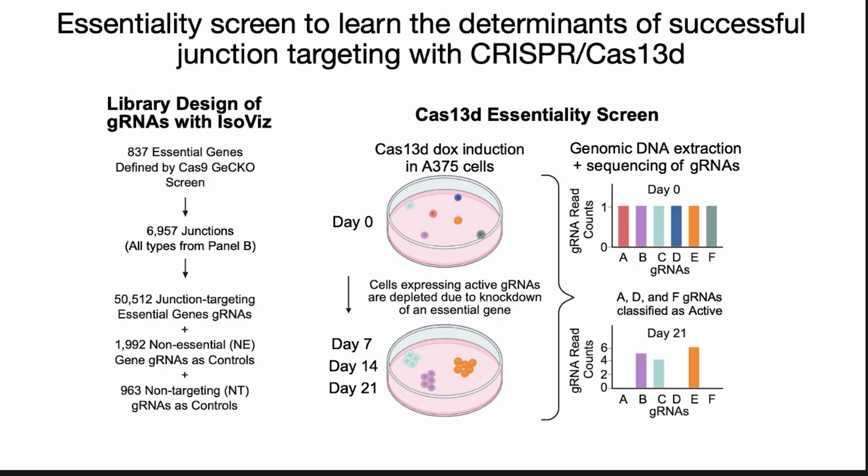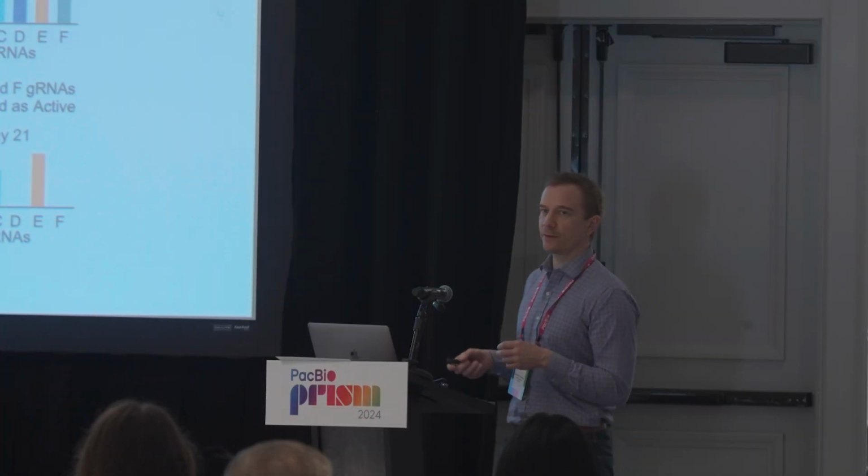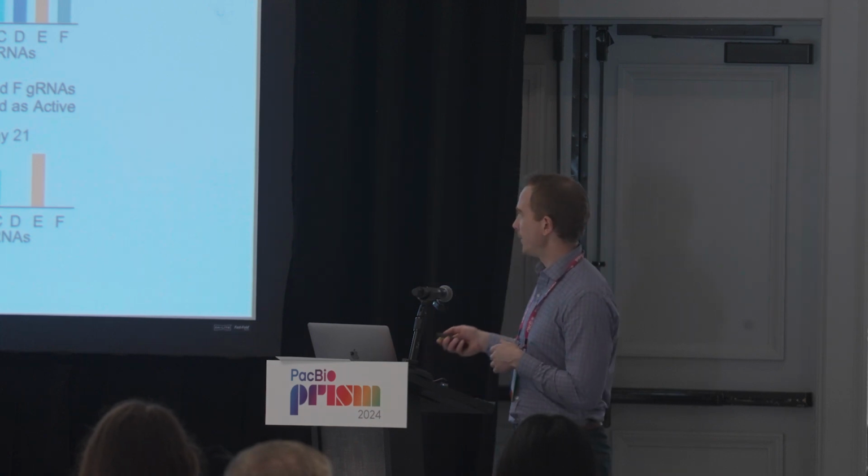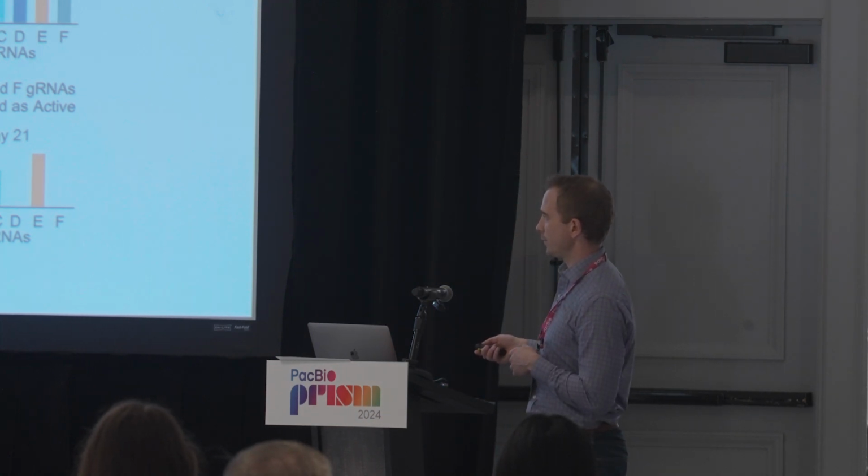And so guide RNAs that are actually working successfully, knocking down an essential gene, will slowly disappear from your population of cells. And that's what's being shown in this cartoon here. Ideally, we'd have an even representation of all our 50,000 guides initially, but then the guides that are actually working to knock down their target gene are going to drop out as time passes, and this is a typical amount of time that you would run these experiments for.